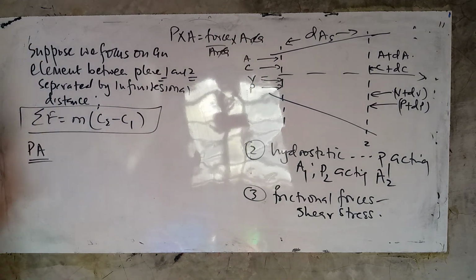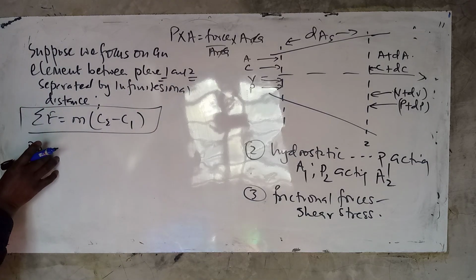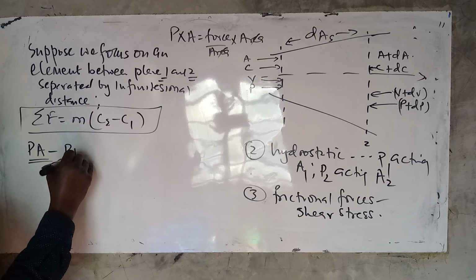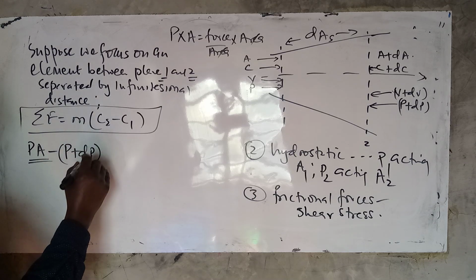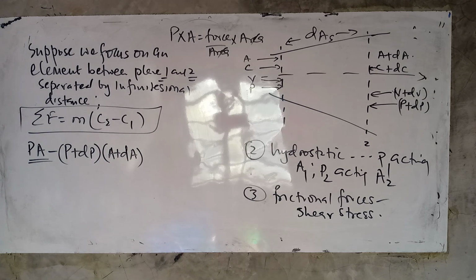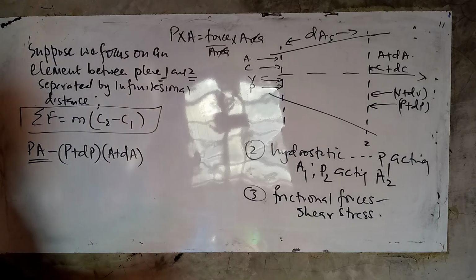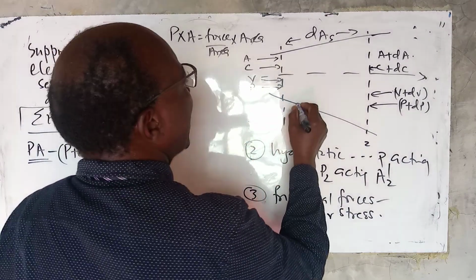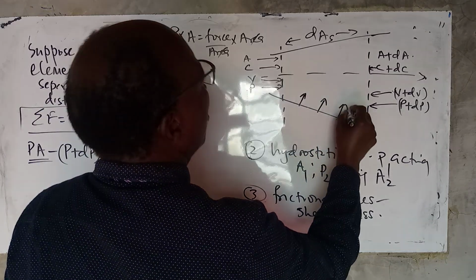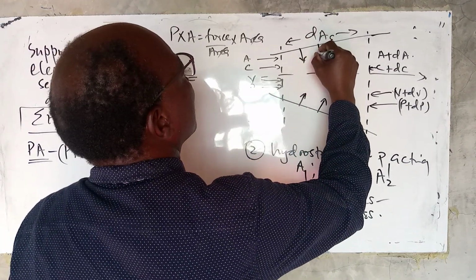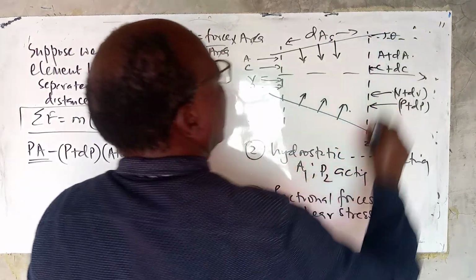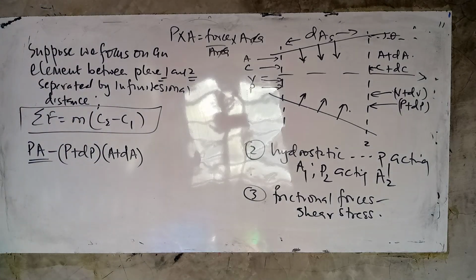So the forces acting, we have PA on that surface, minus (P plus dP)(A plus dA). And then of course, we have those forces which are normal to the wall. Let's call that angle theta.